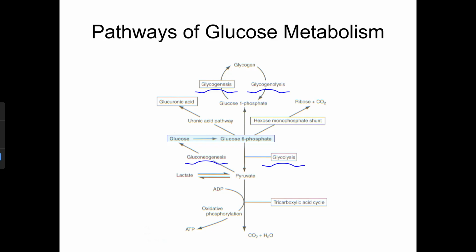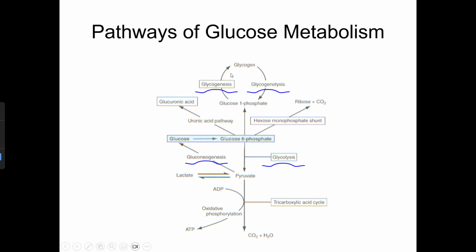Glucose 1-phosphate can then, if we need to turn it back into glycogen, go through the process of glycogenesis to create glycogen. So if glycogen is getting broken down, glycogenolysis. If it's being created, it's glycogenesis.